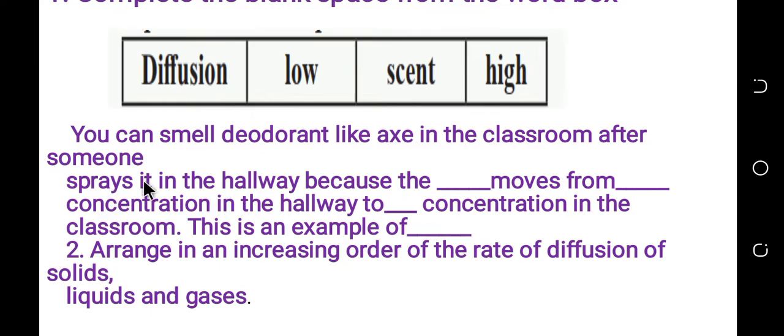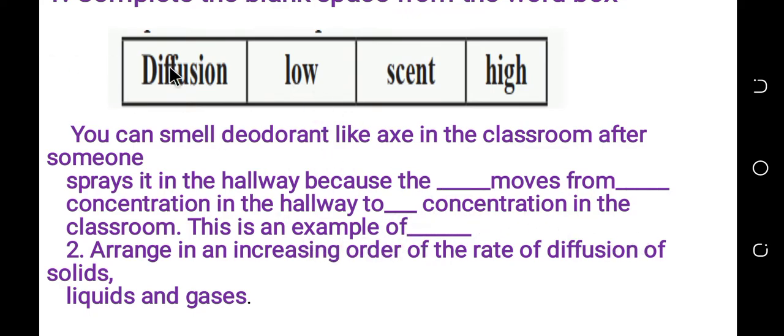For example, you can smell deodorant, perfume, in the classroom after someone sprays it in the hallway. If perfume is sprayed in the hall or in the class, it is smelled quickly, because the scent moves from high concentration in the hallway to low concentration in the classroom.